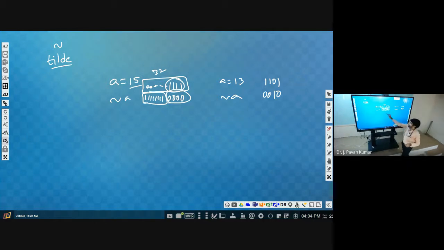Now we have to find out the decimal equivalent of it. One thing you remember, A is equal to 15 is there, then we will be having this kind of thing. Now A is equal to minus 15, how will it be stored?